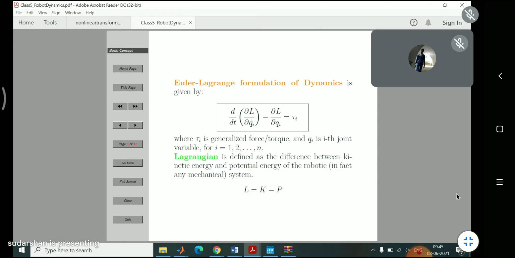Now, I used the word Lagrangian. So, what is a Lagrangian? Lagrangian is defined as the difference between kinetic energy and potential energy of the robotic system.